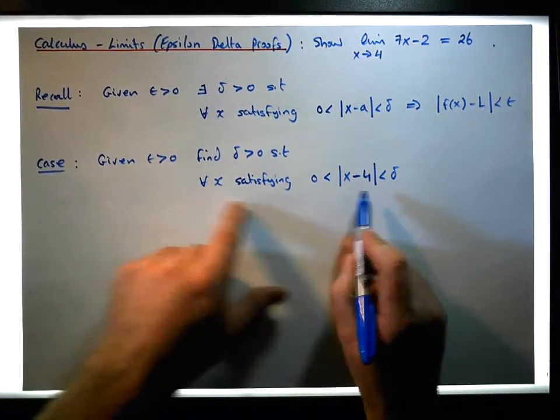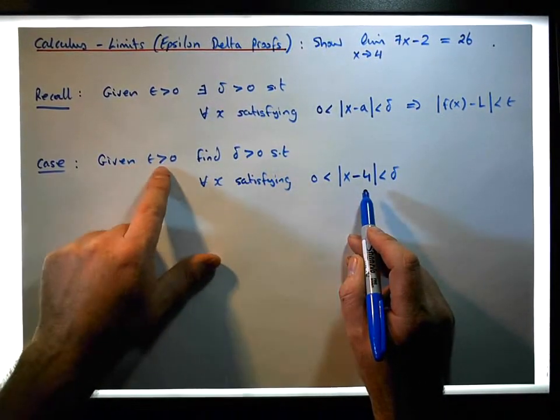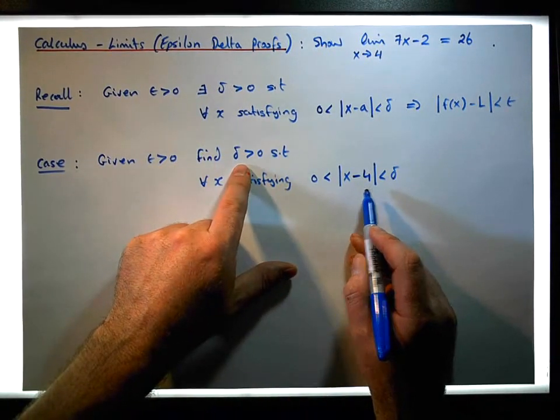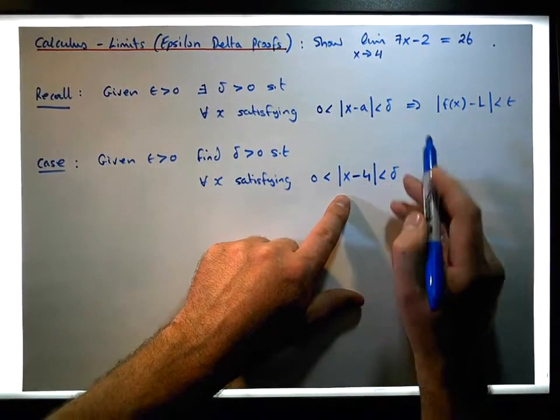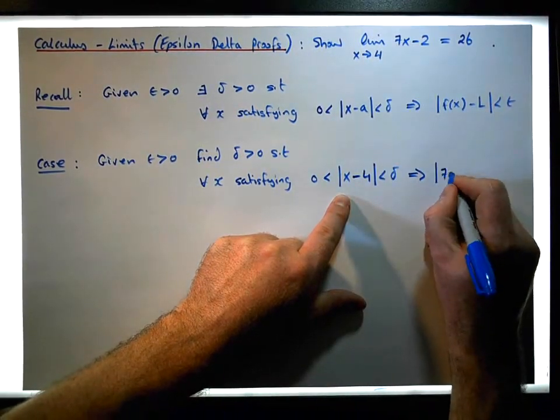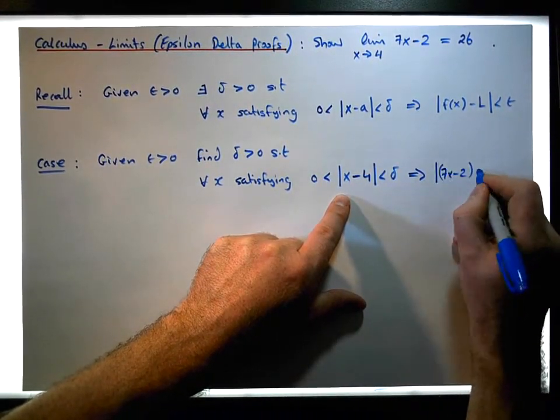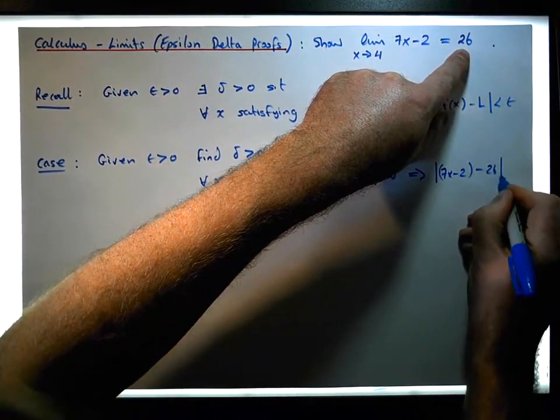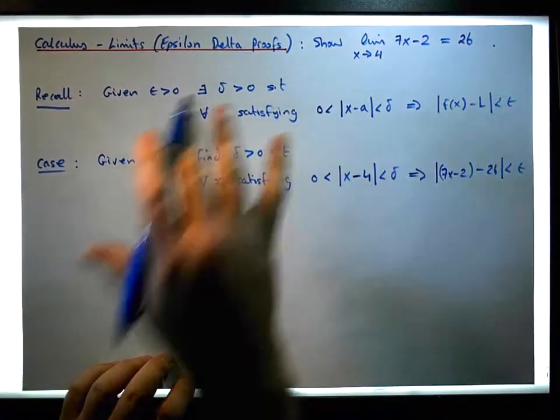For all x in here, after being given this epsilon, we should be able to find a delta such that f of x, which is 7x minus 2, minus L, which is 26, has to be less than that particular epsilon that was provided.